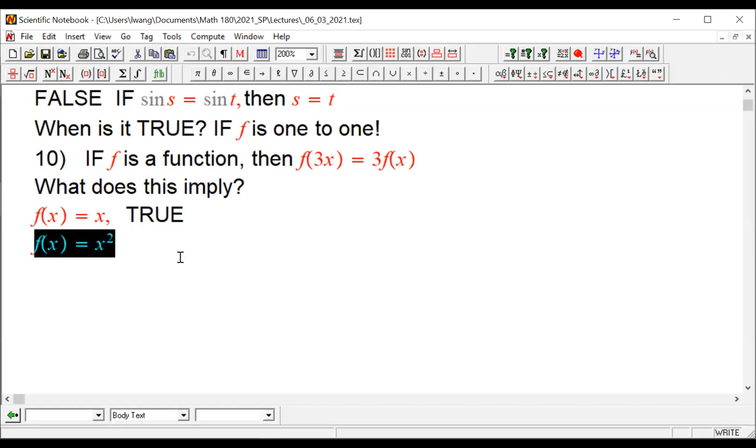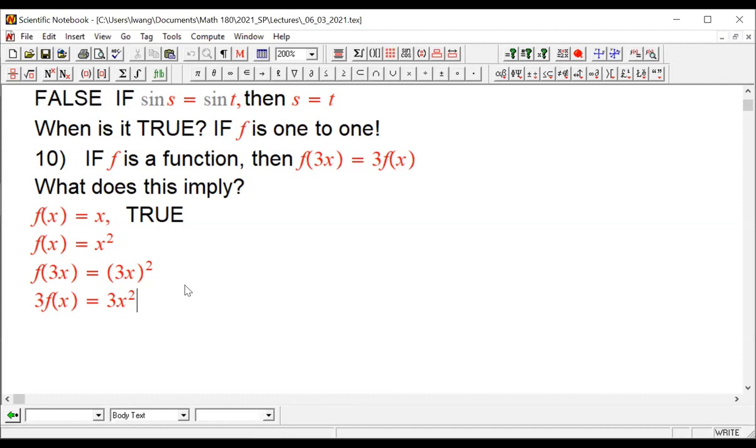And what does that mean? f of 3x will equal to what? 3x squared, right? 3 times f of x is equal to 3 times x squared.